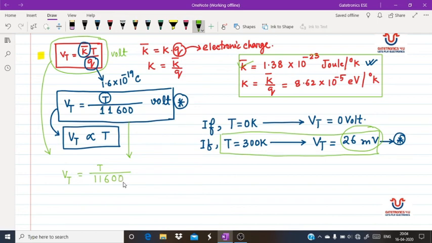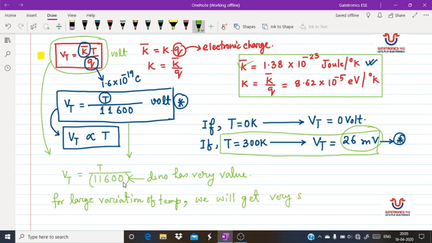So from this equation we can see that the thermal voltage has a very high value of denominator. This denominator has a very high value. So we can say that for a large variation of temperature we will get a very small variation of thermal voltage.